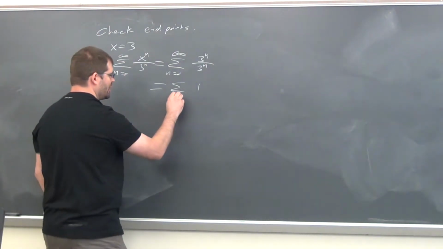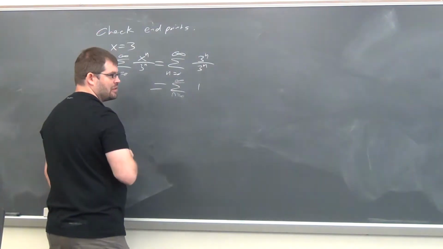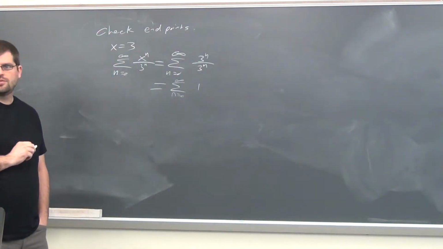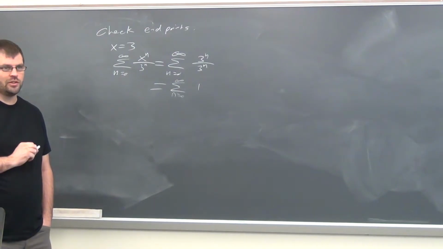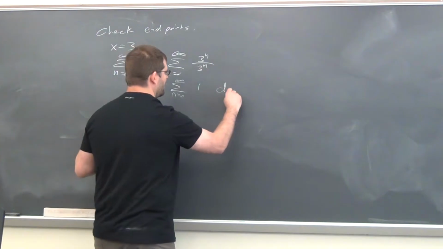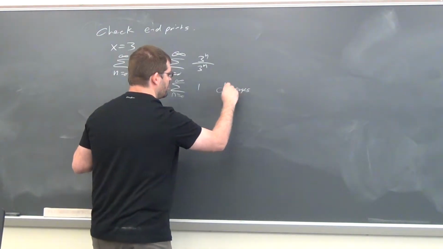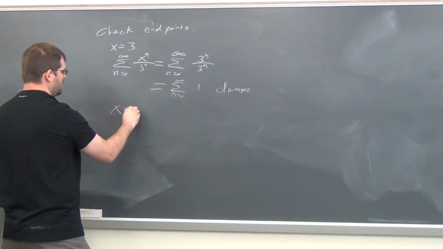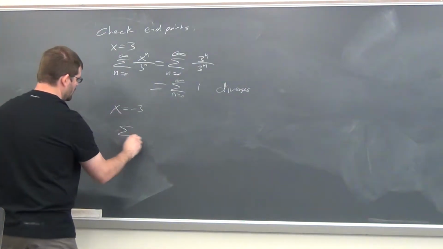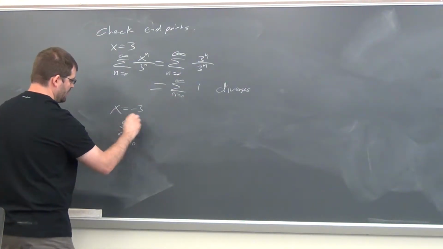Does that converge or diverge? Divergence, right? It's 1 plus 1 plus 1 plus 1. That's going to go off to infinity clearly. So there's divergence. How about x equals -3?